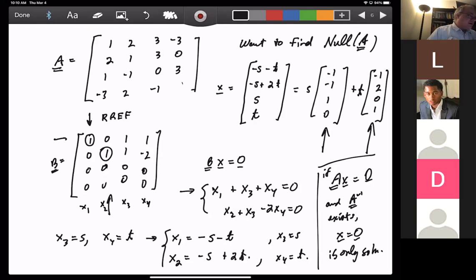Okay, so that's an example of the idea. The null space of a matrix is going to be a subspace of the space where the solutions live.